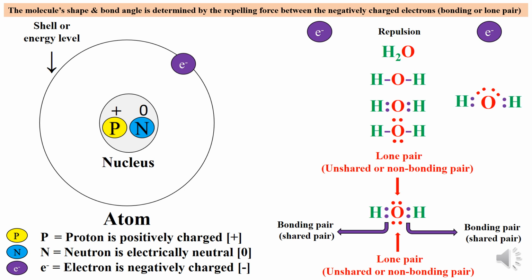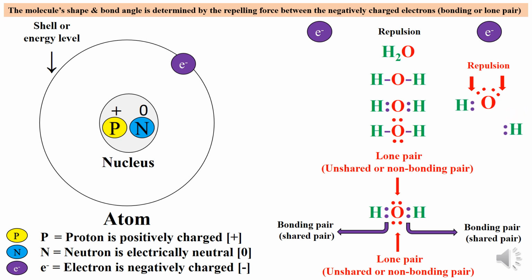So oxygen has two lone pairs of electrons, and due to the close proximity with the bonding pairs of electrons, there is a repulsion between these negatively charged lone pairs and bonding pairs of electrons.